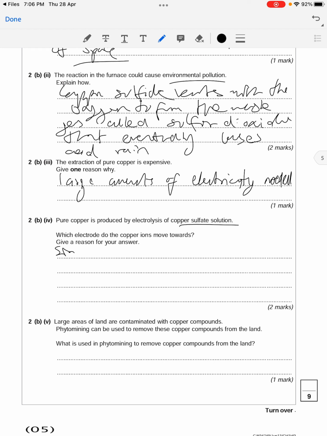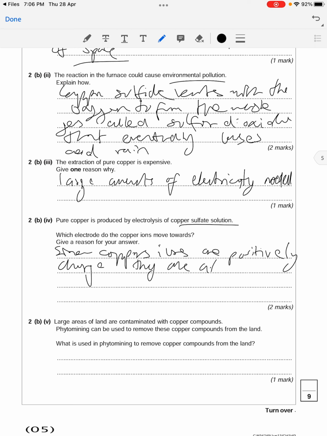So you can mention that since copper ions are positively charged, right? Positively charged, they move towards the cathode.